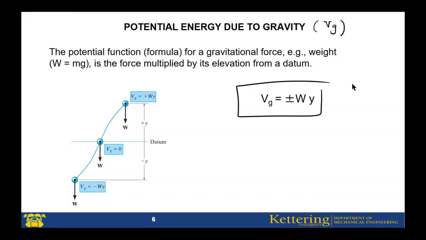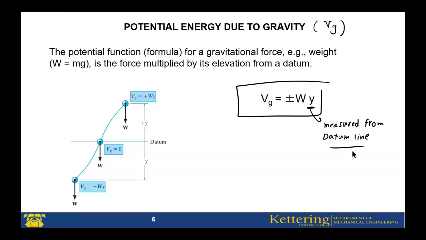Vg equals positive or negative weight multiplied by y, that is the height, which is measured from the datum line. You can select any line as a datum line.